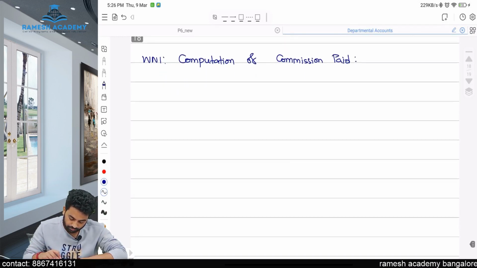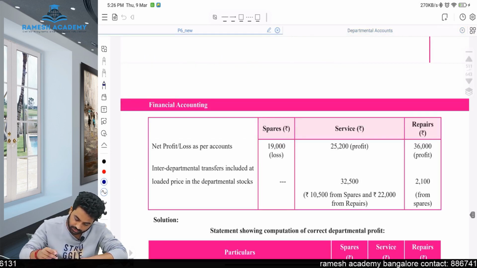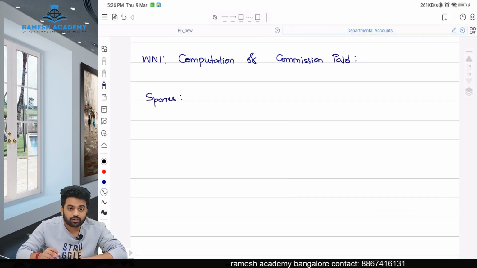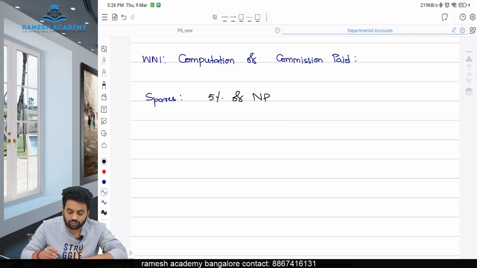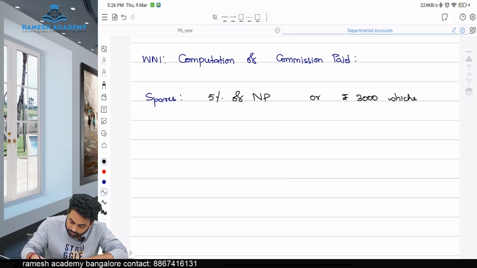First, we have 3 departments, no? First we will find out for spares. What does it say? Spares 5% of net profit or rupees 3,000, whichever is higher.